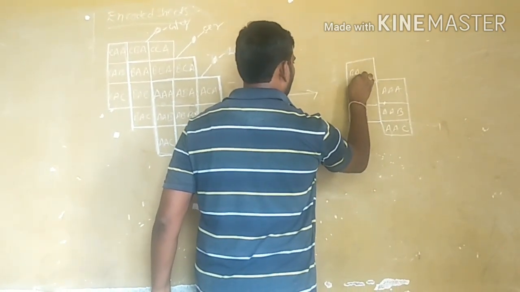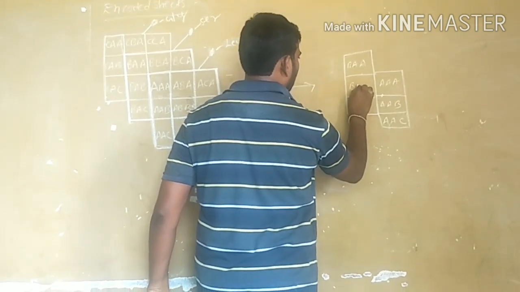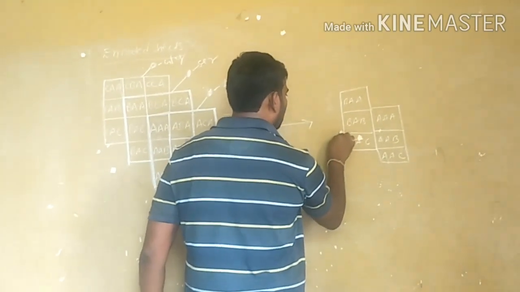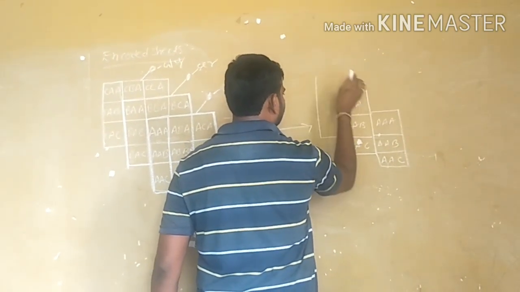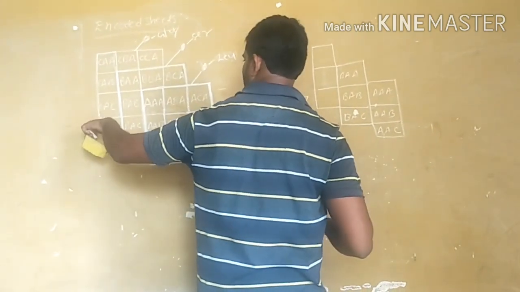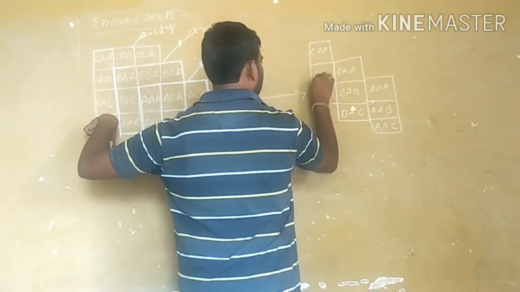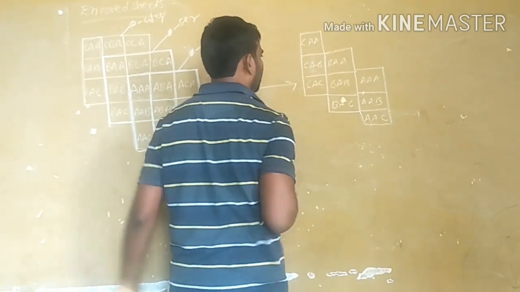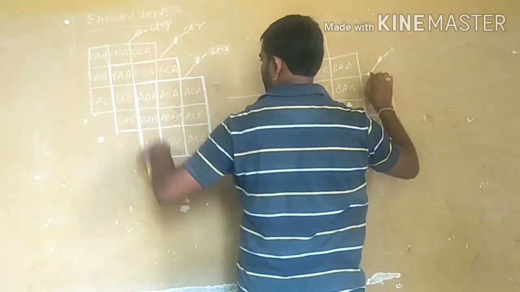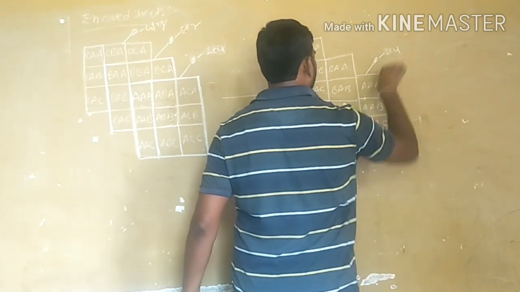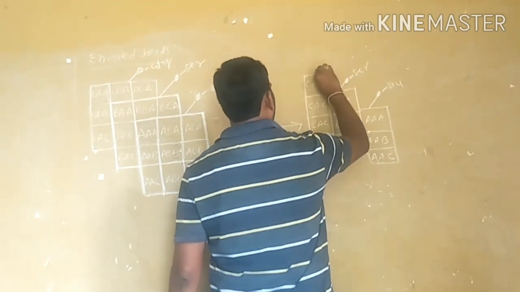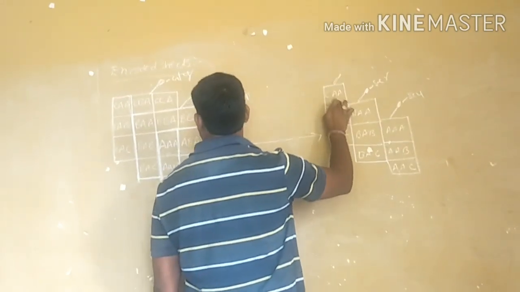B, A, B, B A C. The next, bottom sheet, first column, C A B C A C, and this is attached to the leucine, and the middle attached to the serine, and the bottom sheet attached to the glycine.